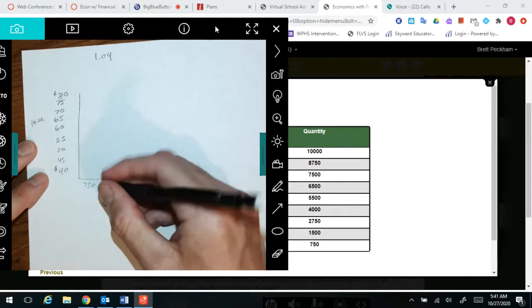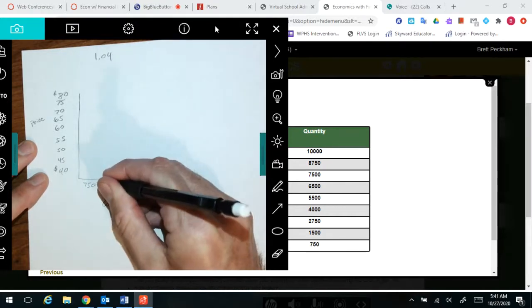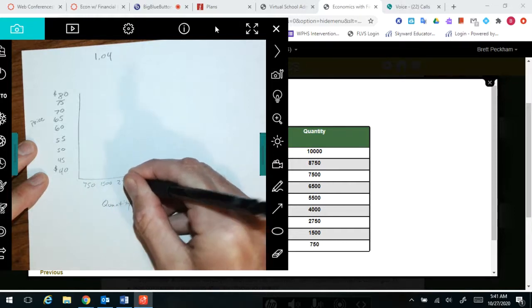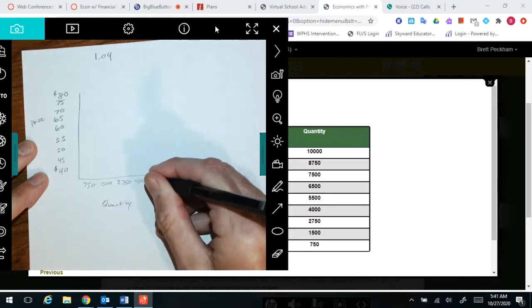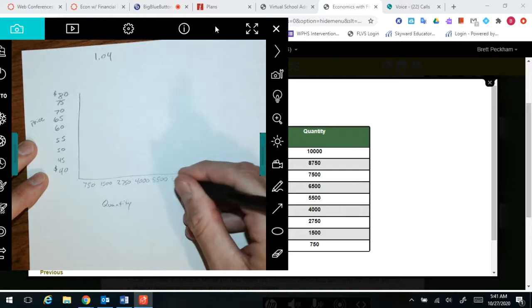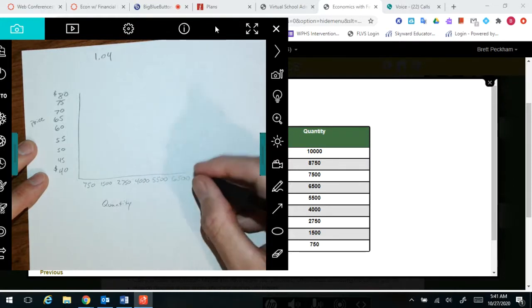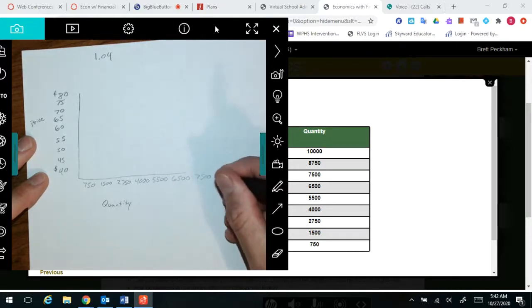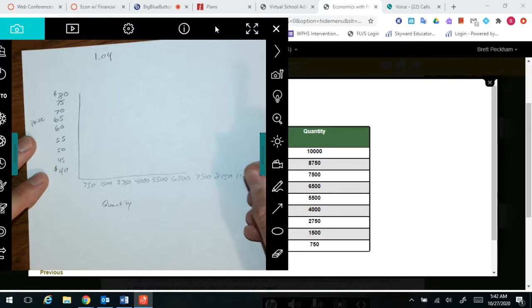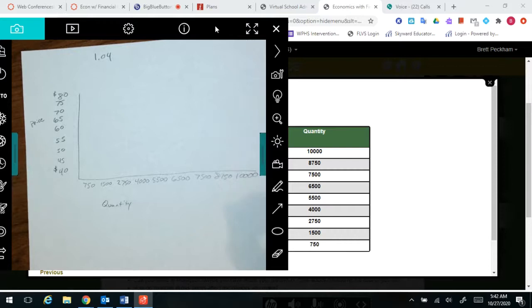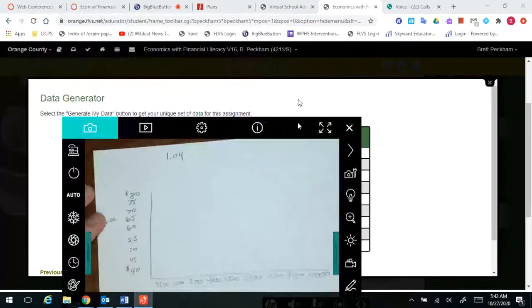There's 750, we got 1,500, then we got 2,750, we got 4,000, 5,500, 6,500, 7,500, 8,750, and then we finally have 10,000.